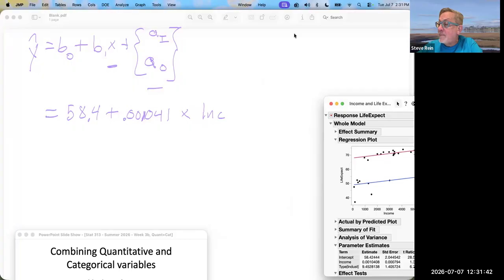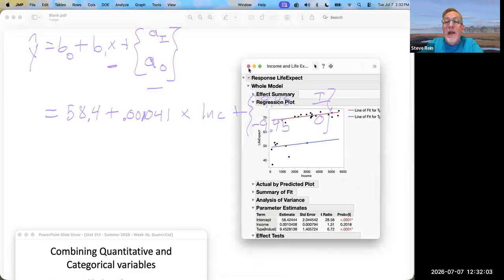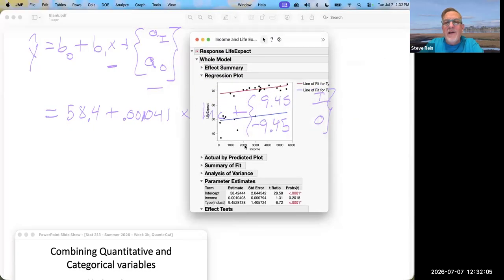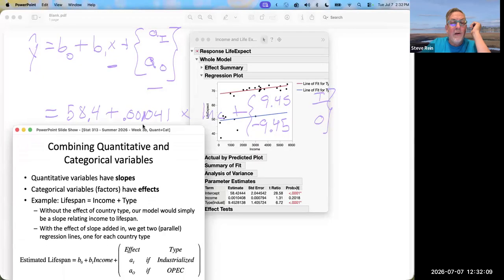How do I determine which one I add in? If you're in an industrialized country, you add in a 9.45; you subtract out 9.45 if you are an OPEC country. Now, why do I know it's 9.45? In the lower right corner, it says 9.45 is the industrialized effect, if you will. And we said earlier that the sum of the two effects is 0.